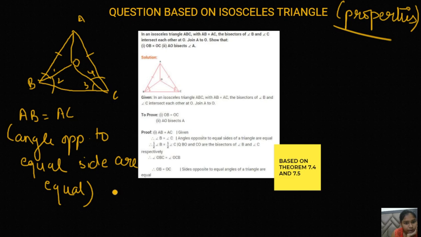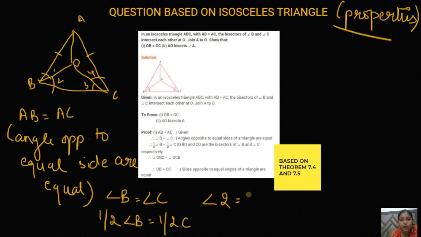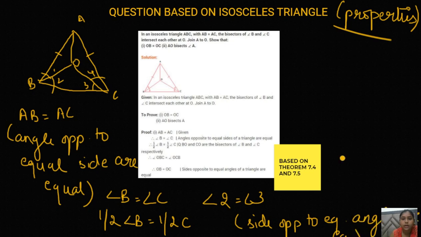Then angle B equals angle C. Since angle B and angle C are bisected, half of angle B equals half of angle C. We can say that angle 2 equals angle 3. Now the converse of this theorem: the sides opposite to equal angles are equal. This is the converse. We can say that OB equals OC.